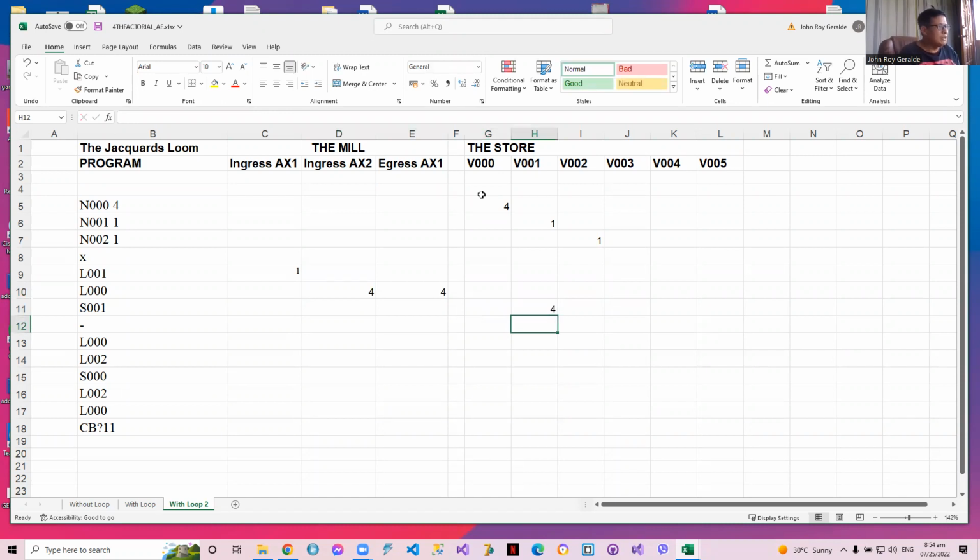And then we have minus L00. L00 is 4. And then L002. L002 is 1. So it's actually reversed. Sorry, reversed. This is 4 here. We have 1 here. So 4 minus 1 is 3.